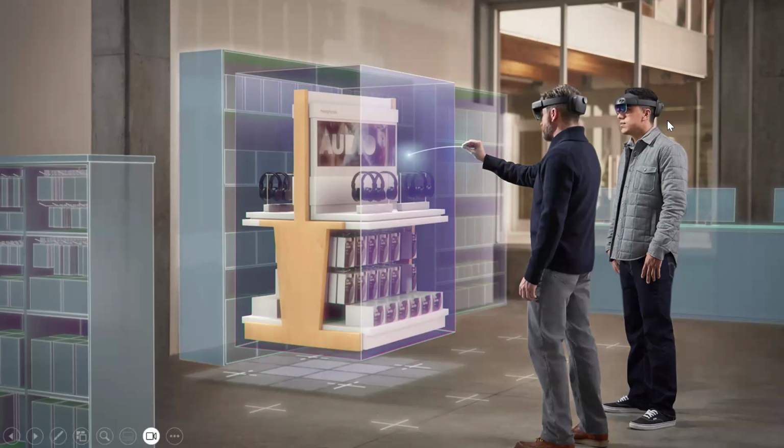As I already mentioned, these two people are both wearing the mixed reality headset, HoloLens, and they can interact and the other person can see. This entire audio showcase of Bose headphones is not physically there, but both can see it and do some operations on it. That is how HoloLens to HoloLens communication happens.